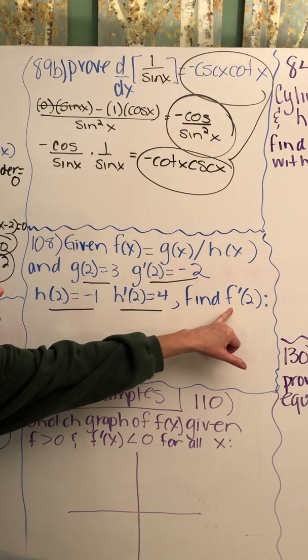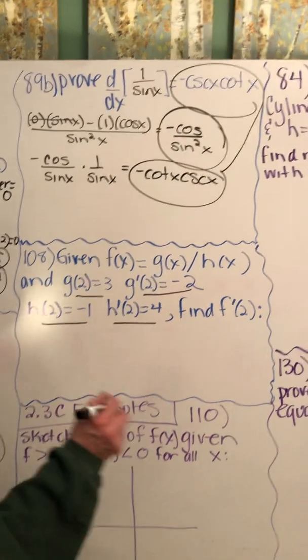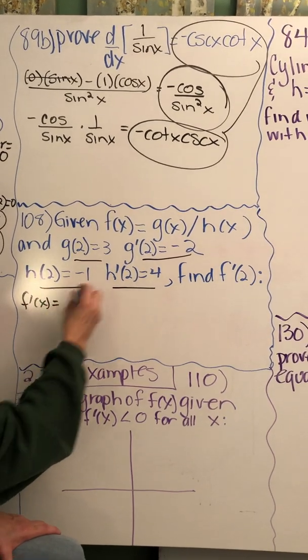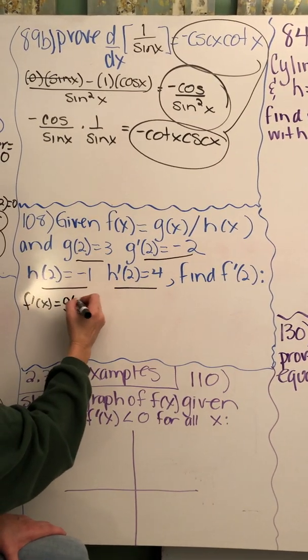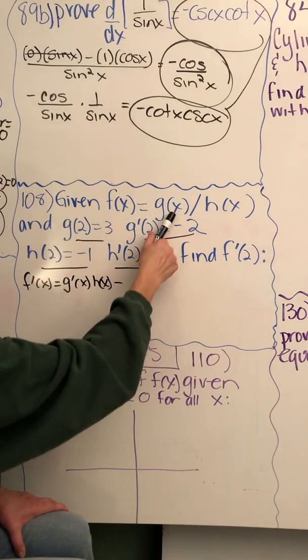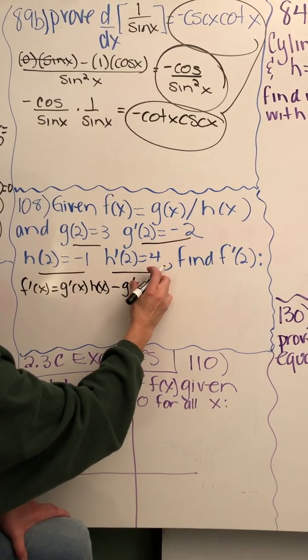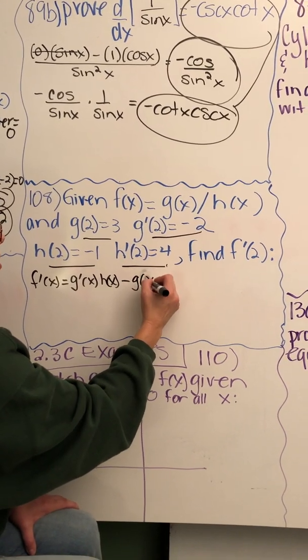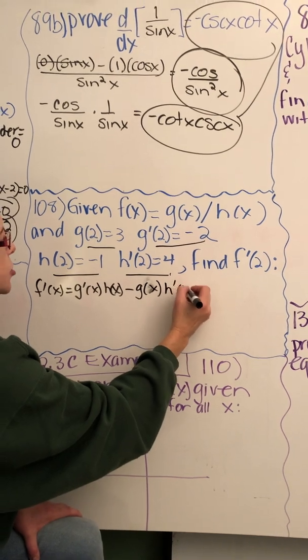I'm first going to write the derivative of f, right, by taking the quotient rule. Here we go. The derivative would be the derivative of g times h minus, I keep my g, multiply it by the derivative of h.